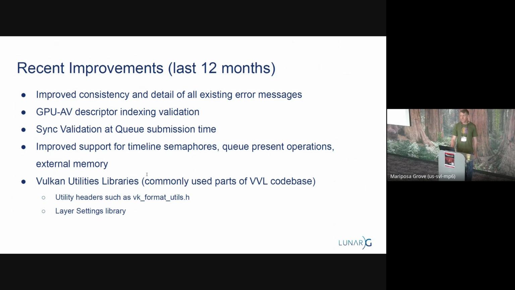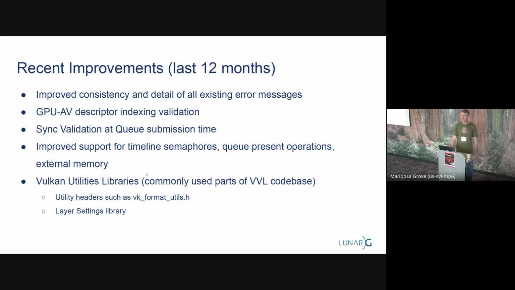I've personally been spending a lot of time on descriptor indexing validation, which we'll talk about. Sync validation added the queue submission time validation. Previously it was only within a single command buffer, so that's a big improvement that helps find a lot more errors. We worked a lot on timeline semaphores, queue present, and external memory.